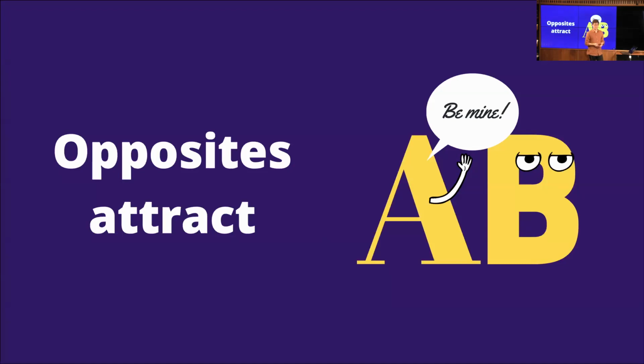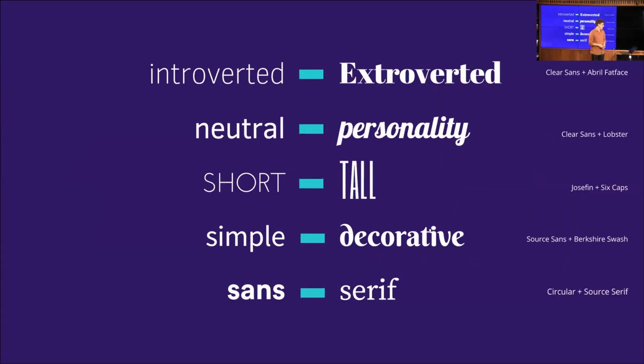Usually, fonts that are almost exactly the same as each other tend to compete or fight with each other on the page. So if you can find two fonts that are quite drastically different, you're more likely to get a pleasing result. So that could be choosing font pairs that may be short with tall, a simple or a decorative font work really well together. And of course, sans and serif fonts work really well together in pairs.